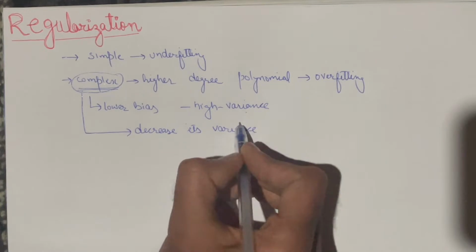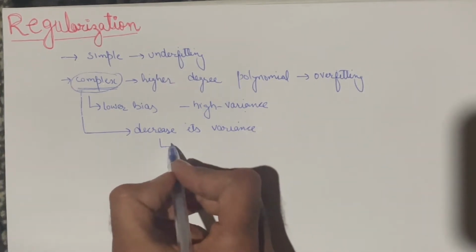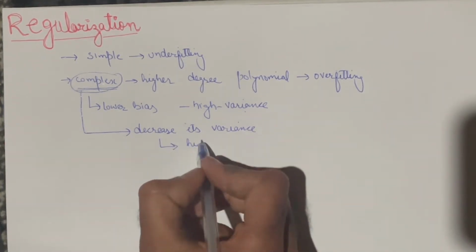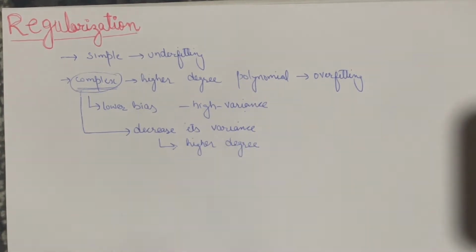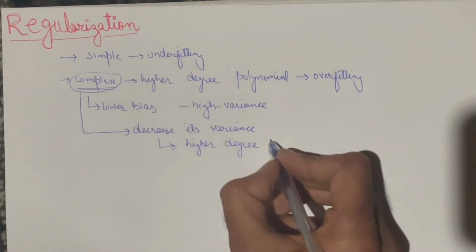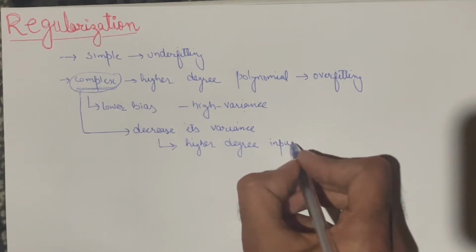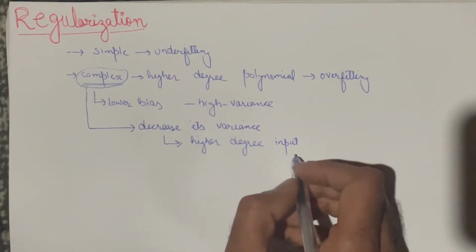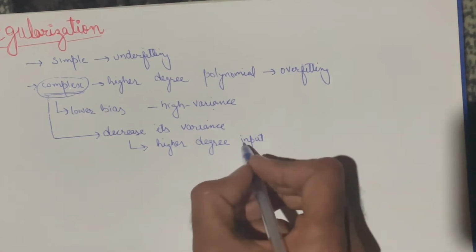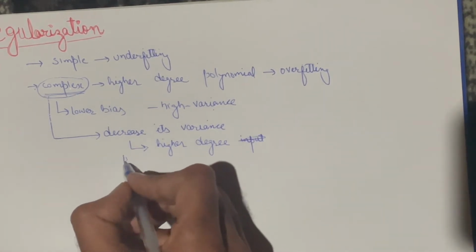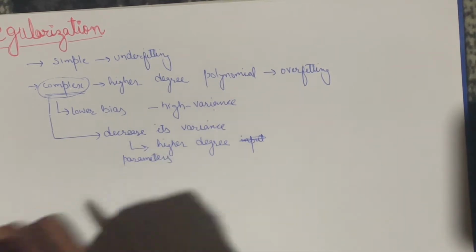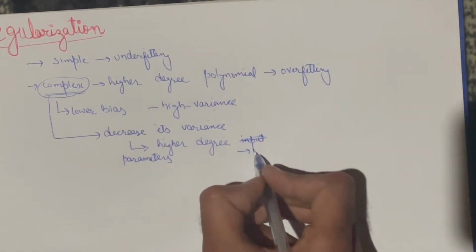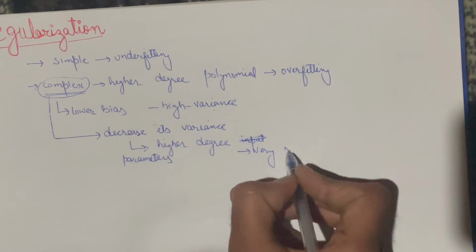We can decrease its variance if we make the parameters associated with the higher degree inputs very small. We will make them very small.